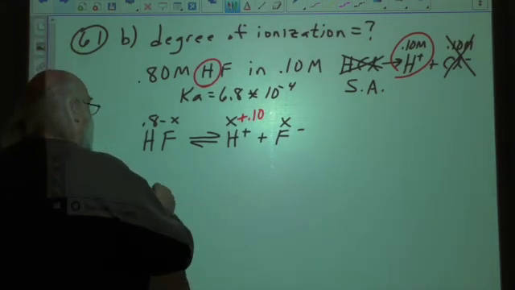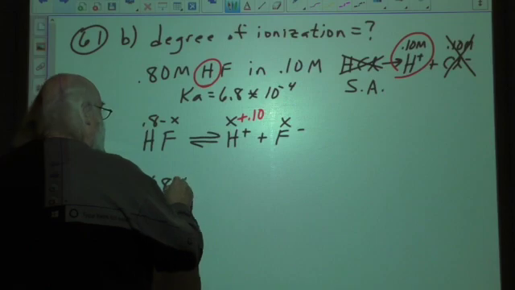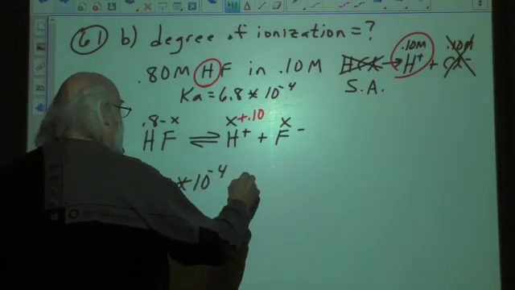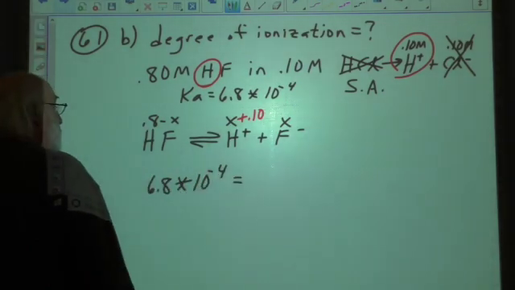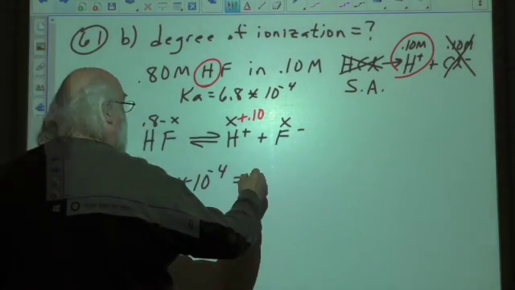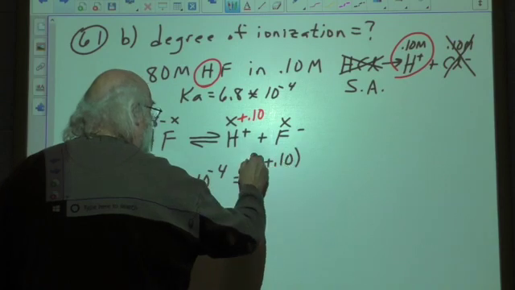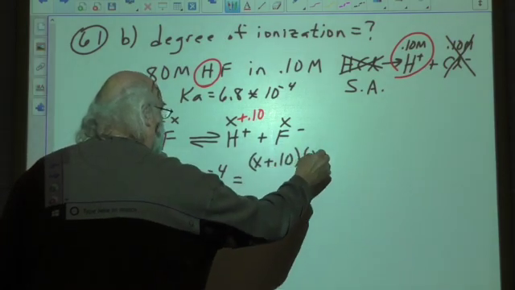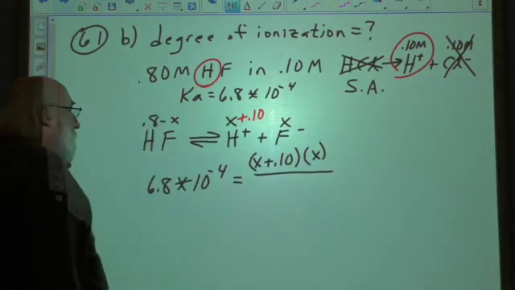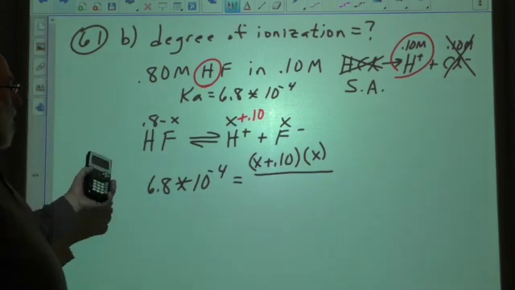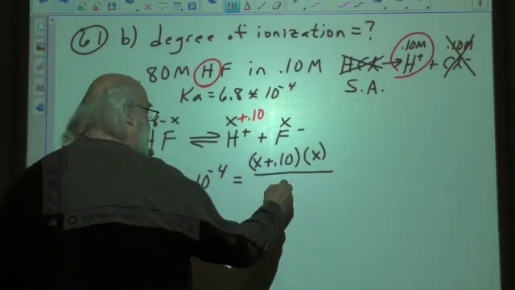So now we have 6.8 times 10 to the negative 4 is equal to x plus 0.10 for the hydrogen, x for the fluorine, and then 0.8 minus x goes into the denominator.